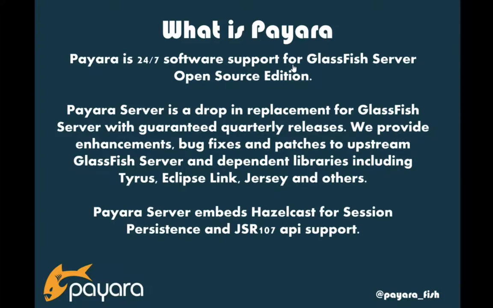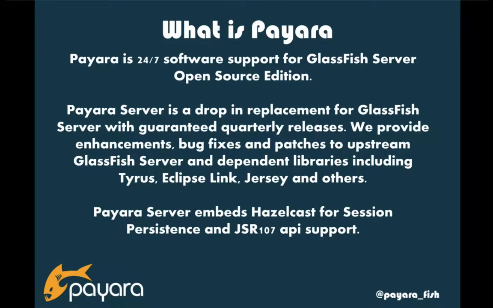We provide development for it, and we create enhancements like this Hazelcast JCache implementation. And Payara is a drop-in replacement for GlassFish. We do quarterly releases. We provide enhancements, bug fixes, patches, all those sort of things. And our latest release embeds Hazelcast for session persistence and JSR 107 API support.